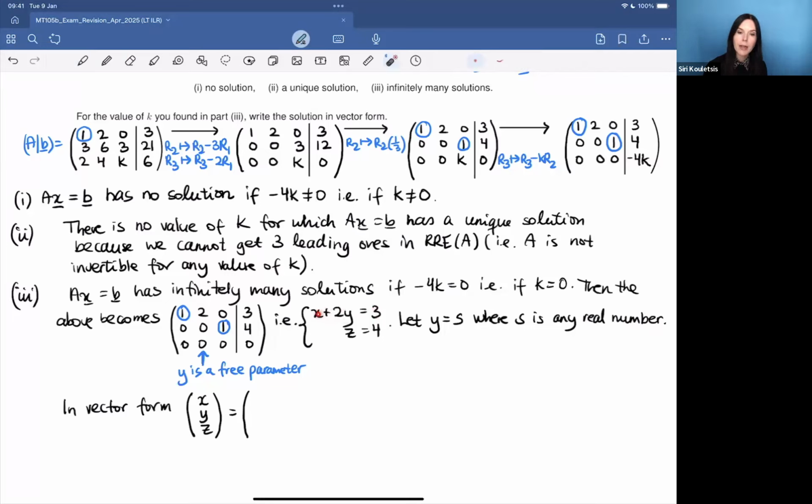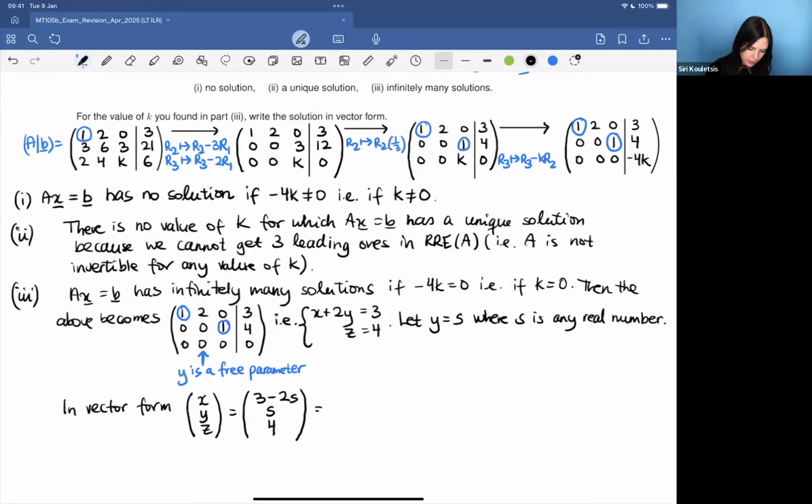If we rearrange this equation here for x, we get that x equals 3 minus 2y, but we said that y is s, and so x is 3 minus 2s. Y is just s, and z is just 4.